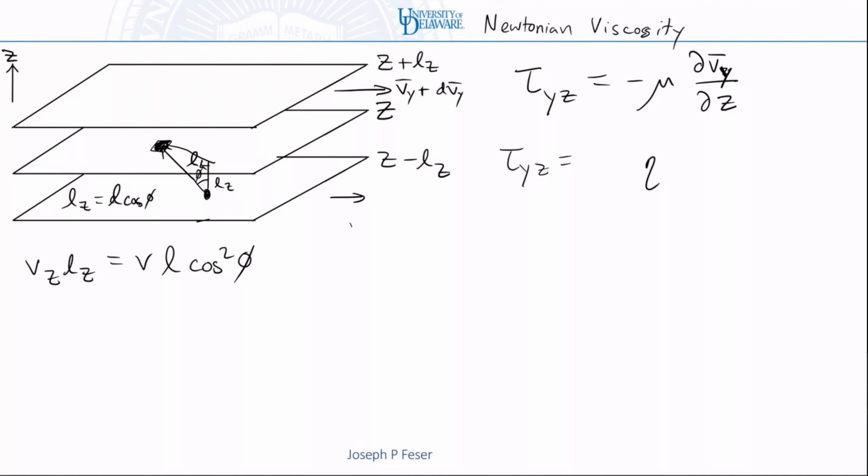Well, that's the number density of molecules times their average speed, evaluated at a particular layer. So that's the momentum density of each layer, and how quickly they exchange it is basically this factor Vz.